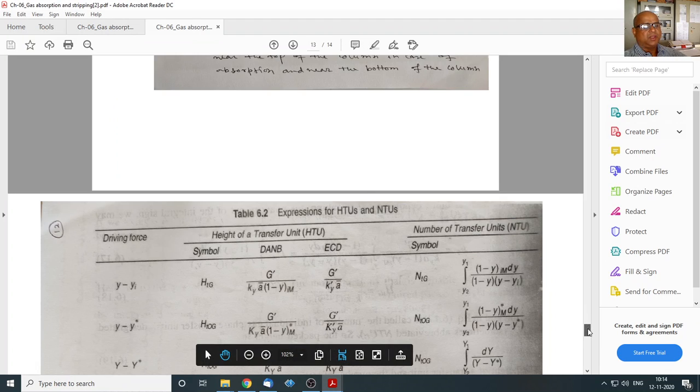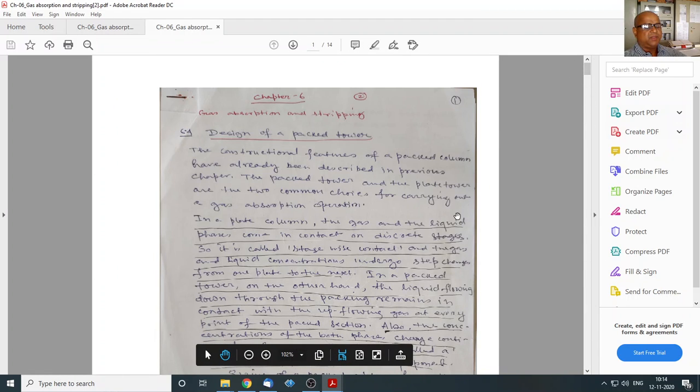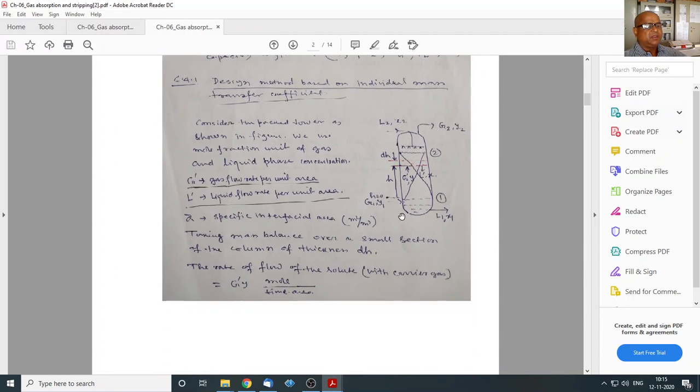Here we have taken the gas flow rate per unit area, and we started with mole fraction.